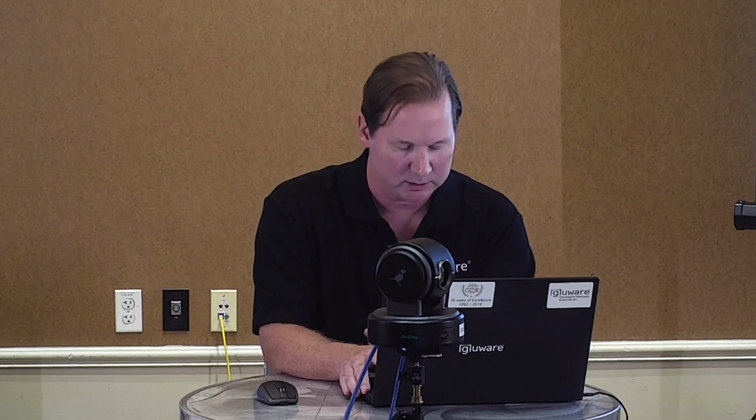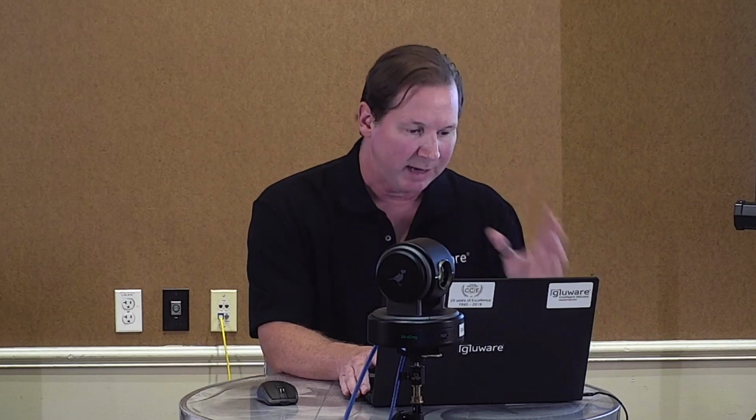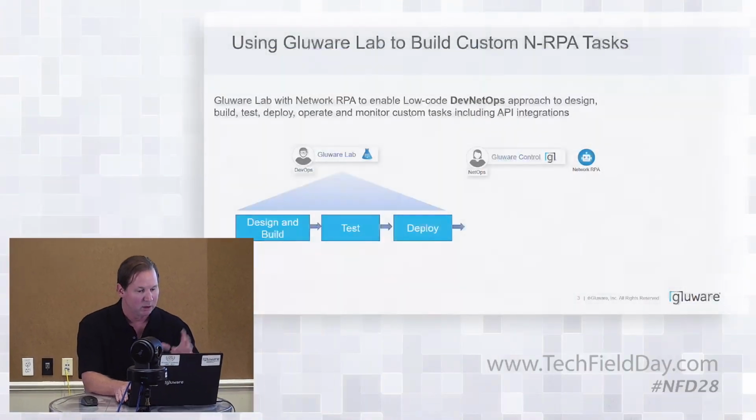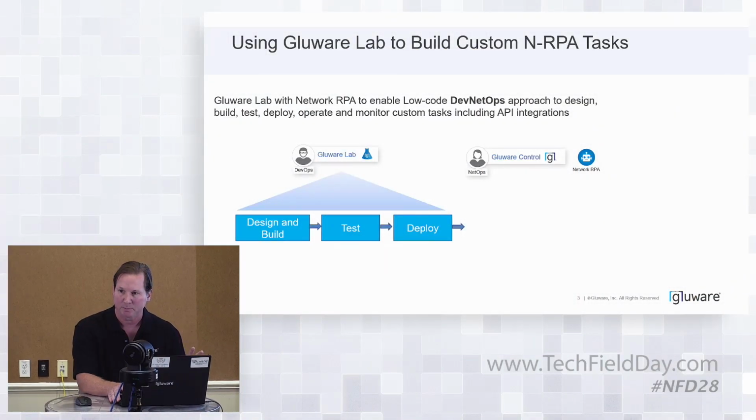And we've had it many times when we train up customers and we figure out who's going to be a Lab user and who is not. It really is that you have that propensity, that coding skill set. So with that, now we're talking about design and build, test and deploy, which is happening on the Gluware Lab side.